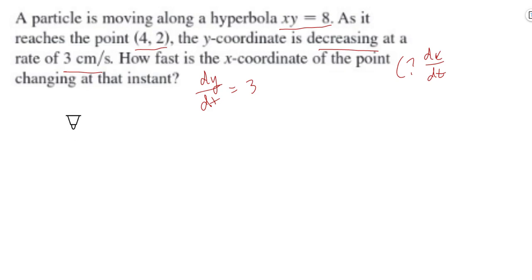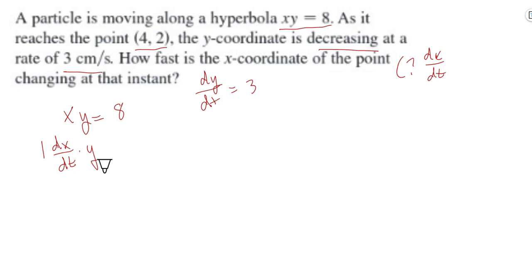But since they give us both, all we need to do at this point is differentiate using implicit derivatives. So we're going to take the derivative of x, and what are we going to get? The derivative of x is 1, so I'll write that 1, dx/dt times y. We're not taking the derivative of y yet. Remember, that's the product rule: the derivative of the first one times the second one unchanged.